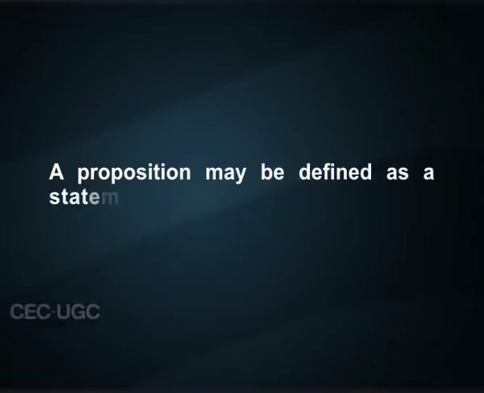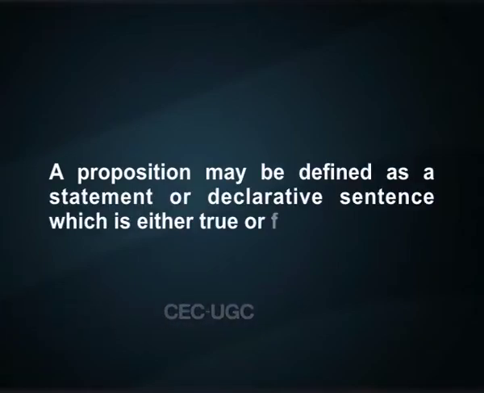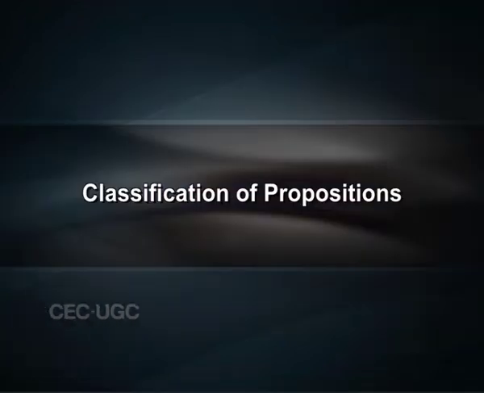In logic, the word statement is used synonymously with proposition. Hence, a proposition may be defined as a statement or declarative sentence which is either true or false. Classification of propositions. As we have seen, propositions express a specific sense and are either true or false.